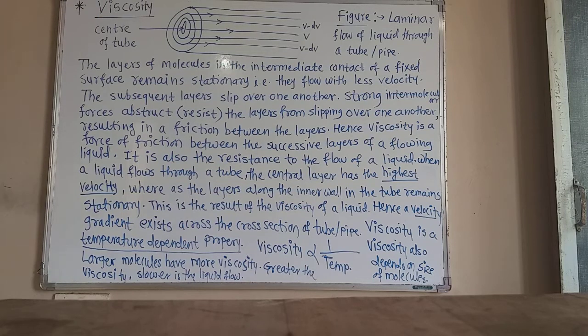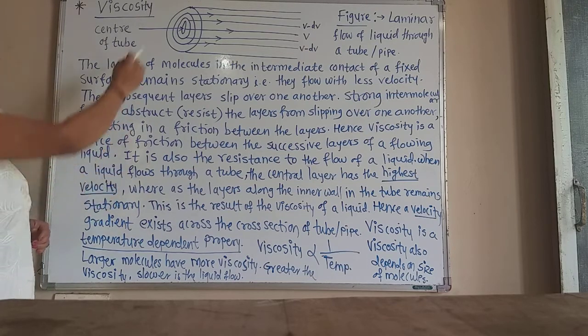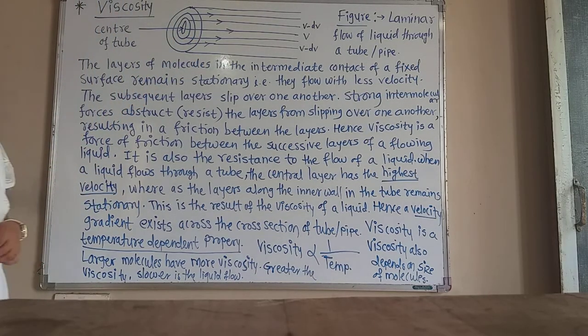When a liquid flows through a tube, the central layer has the highest velocity, whereas the layer along the inner wall of the tube remains stationary.